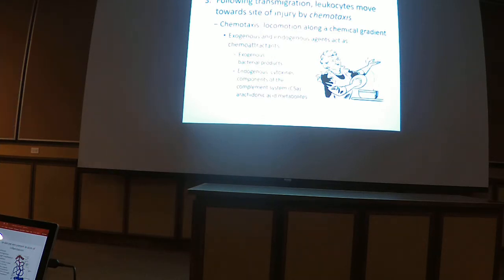So we started talking a little bit about chemotaxis and how chemotaxis helps leukocytes get to where they're going following diapedesis. Chemotaxis simply refers to locomotion along a chemical gradient, hence chemotaxis. And a variety of agents can act as chemoattractants. A variety of agents can act as chemokines.